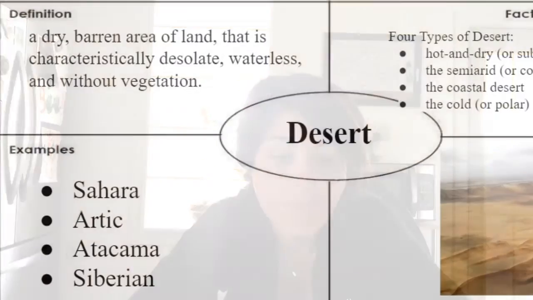And then on our Frayer model, I've used a picture of our typical desert with lots of sand, no vegetation, no rain, very sparse, not many animals, not many people. But you can use any image that you like or take notes, whatever best helps you. So that's our vocab for today.